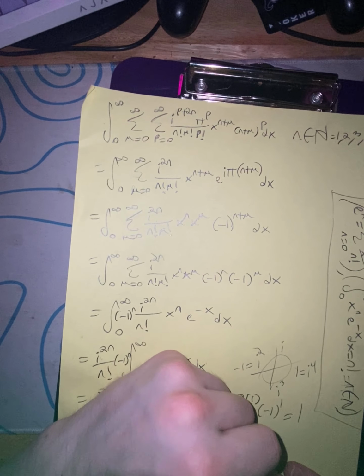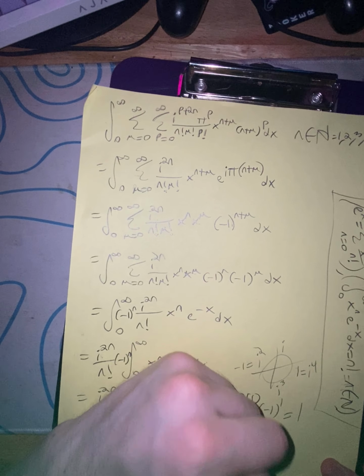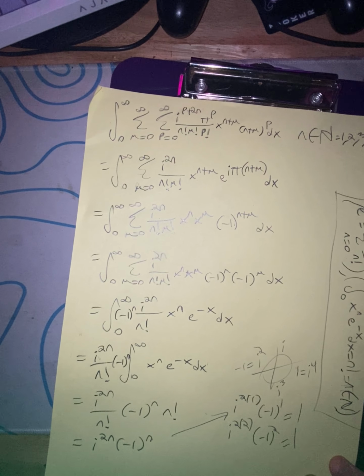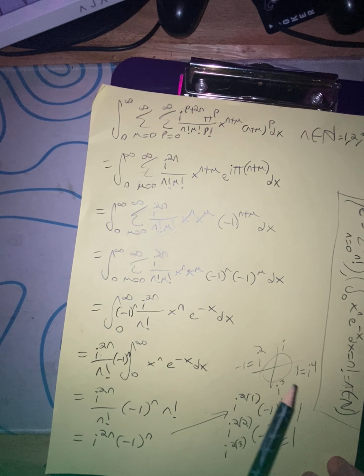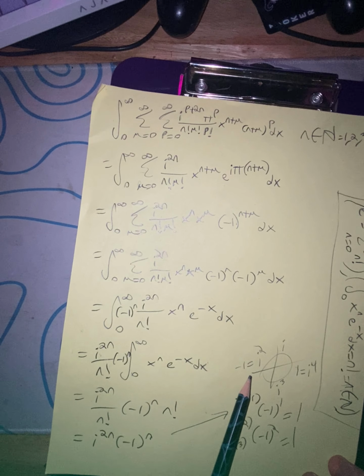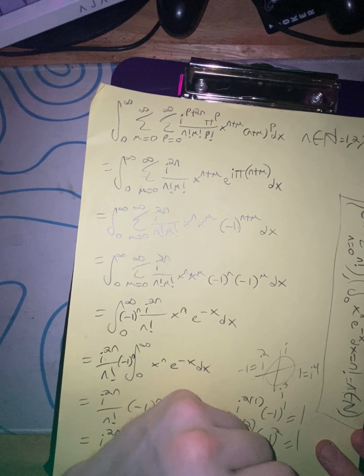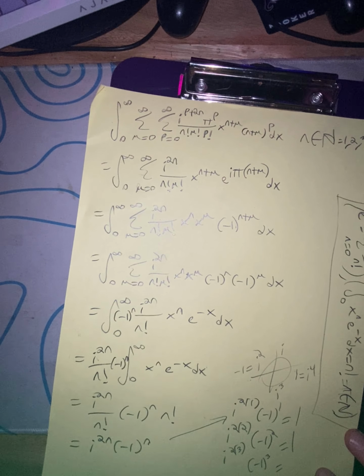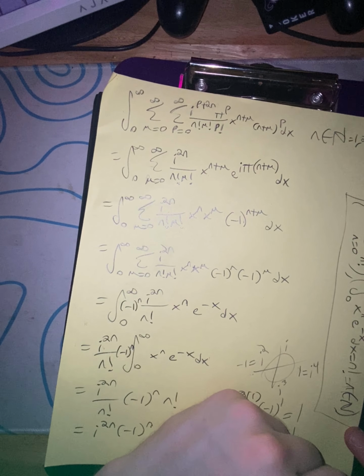So we have i to the 2 times 2, which is 1, and then -1 to the 2, which is 1 times 1, which is 1, and we have i to the 2 times 3, which would be going from i squared to i to the 4th to i to the 6th, so that's -1, and then we have -1 to the 3, which is -1, so that's -1 times -1, which is 1, and so this pattern repeats forever.